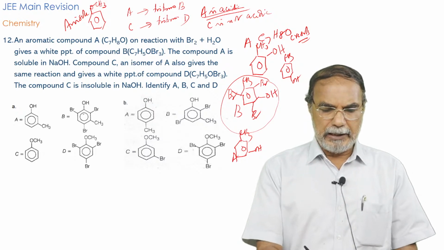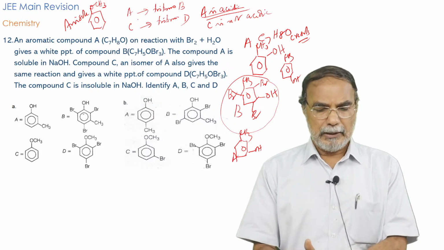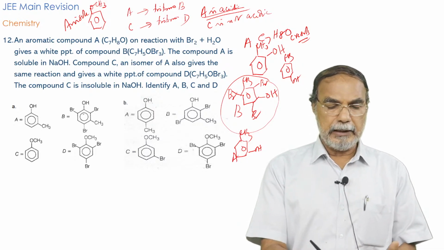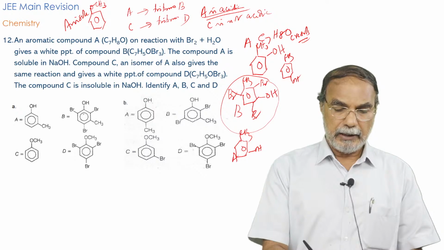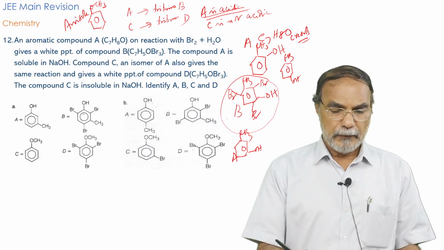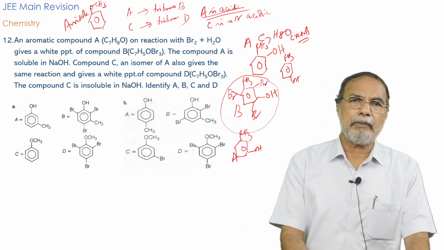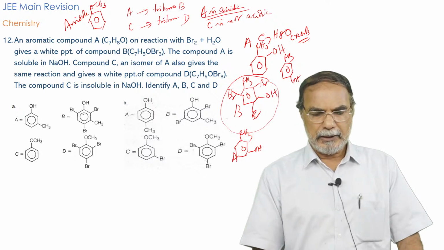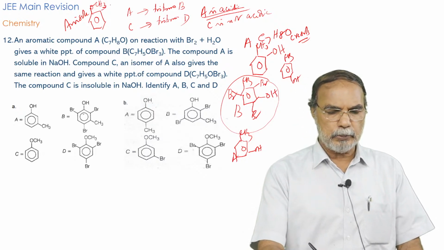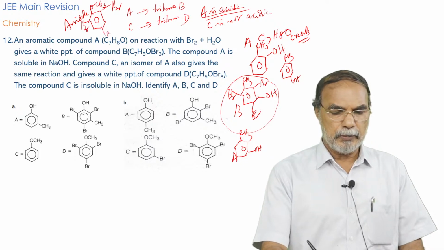So A is the cresol, metacresol we already established, and C is the ether isomeric with A, which is anisole. And in anisole, the OCH3 group is again a moderately activating and ortho-para directing group, and therefore the reaction can take place at the ortho positions and the para position, and it will give this tribromo derivative.